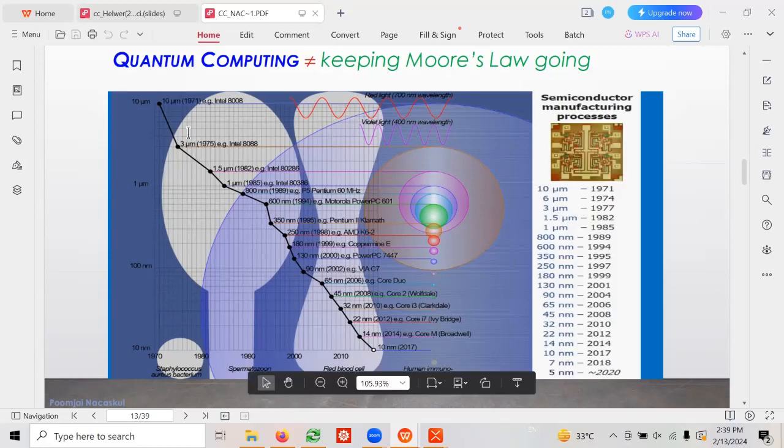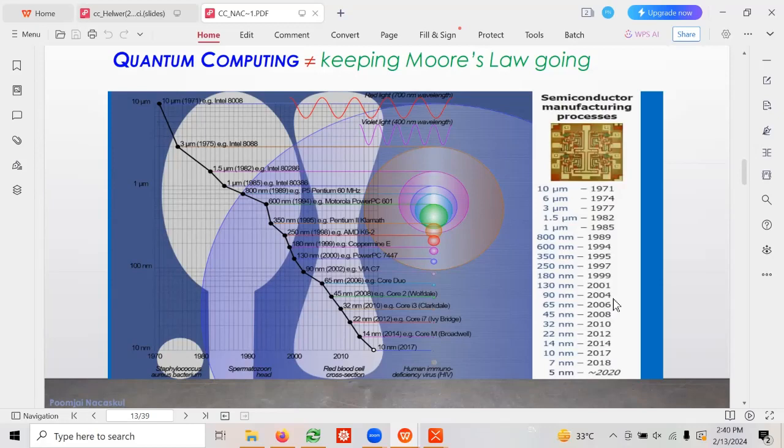This is a log scale, so it's not a linear function. Right. So now I think 7 nanometer is about where we were at 2019. I don't know where we are right now. 3? Okay. Well, you know what? What happens when we get to 1 nanometer? We're going to be in trouble.